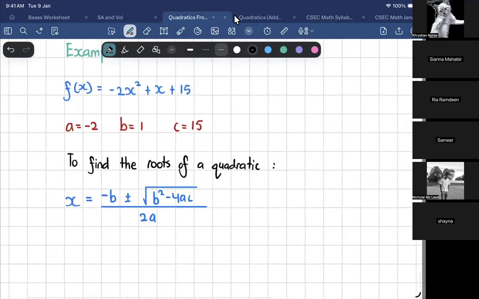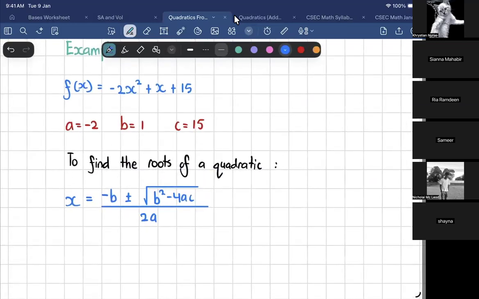So I'm going to call our good friend Ria to help us with this. Ria, what do you think we're going to do in the next line? Substitute in the values. Yes, so wherever we see B, negative B, we put negative 1.